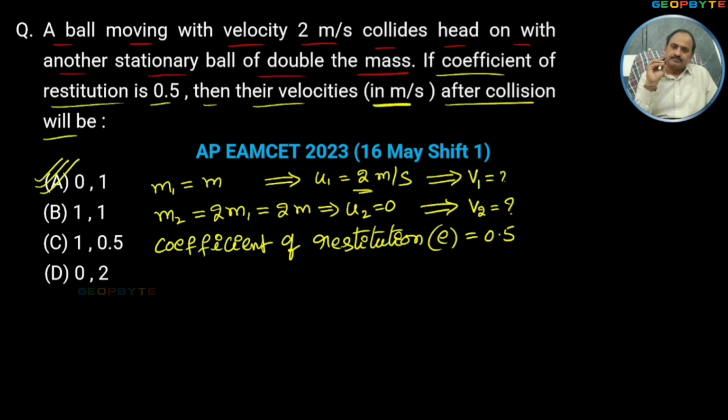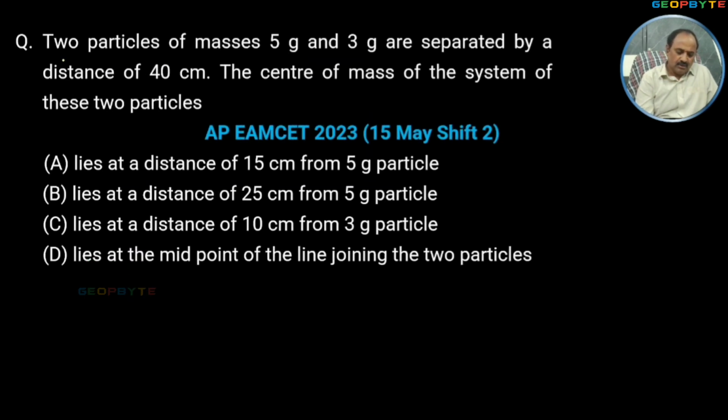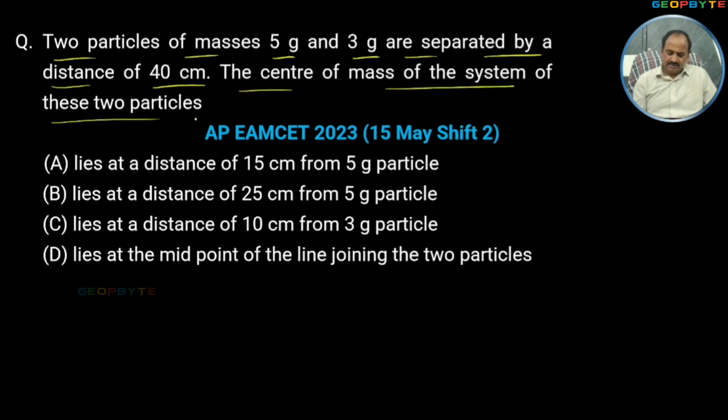Understood clearly? Yes. Then let us take another important problem asking like this. Two particles of masses 5 grams and 3 grams are separated by a distance of 40 centimeters. The center of mass of the system of these two particles is. For that, let us take one particle here.